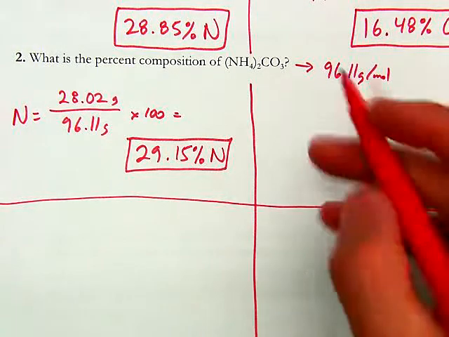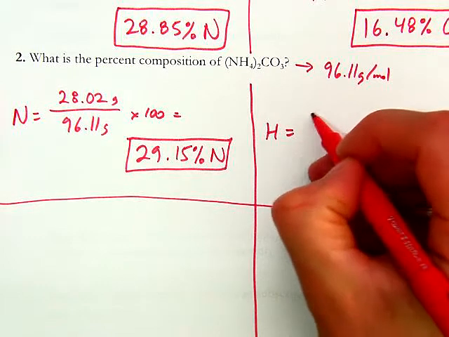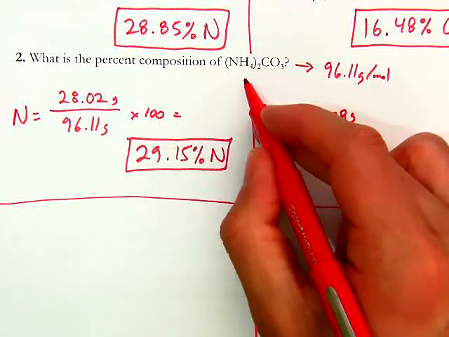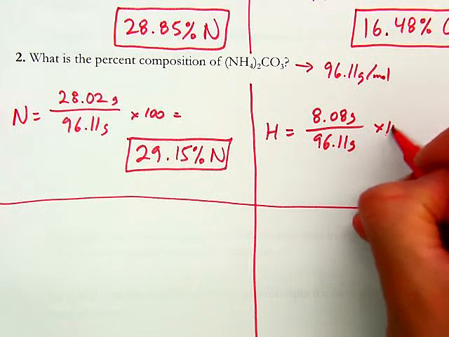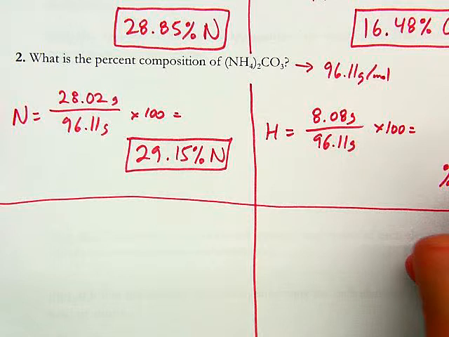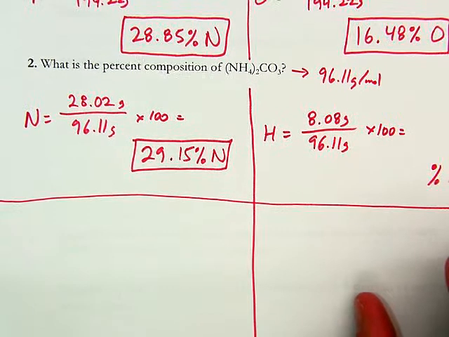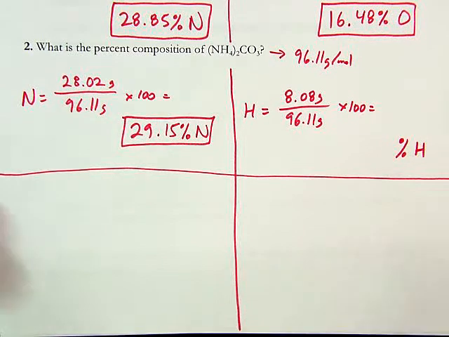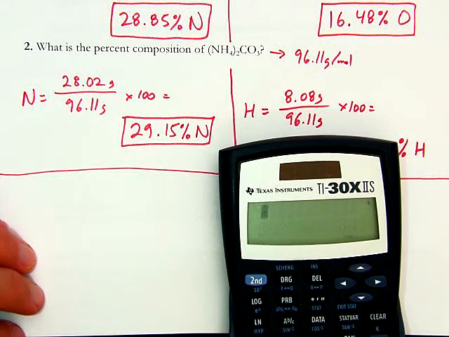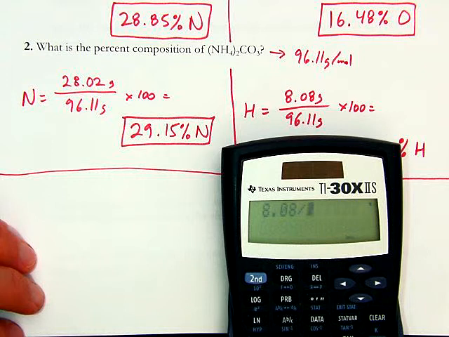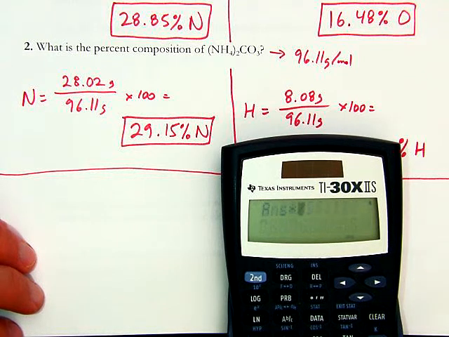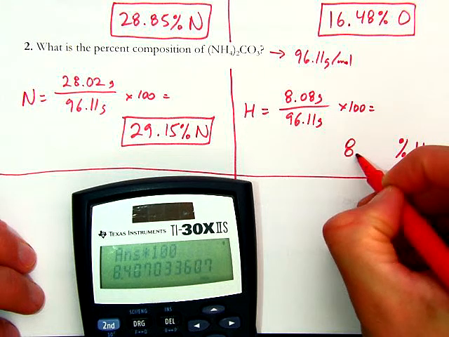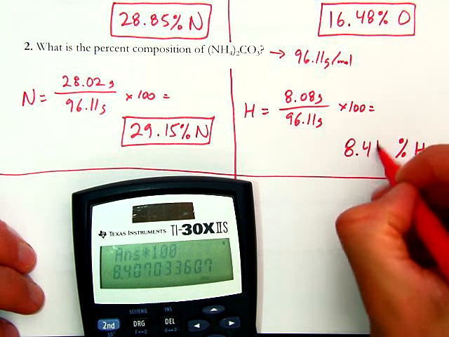We then have hydrogen, which is 8.08 of the 96.11 because we have 8 hydrogens and each hydrogen is 1.01. So 8.08 divided by 96.11 times 100. About 8.41% hydrogen.